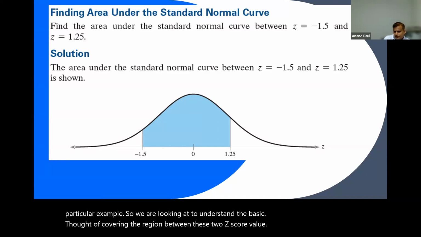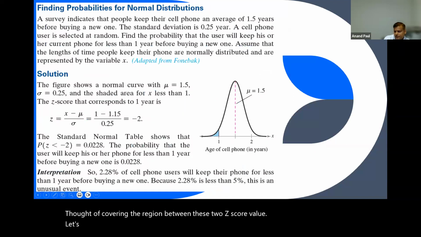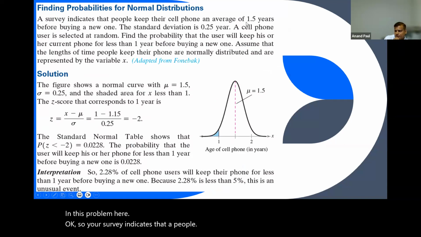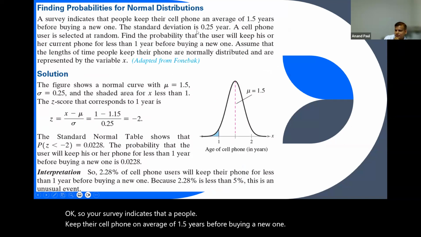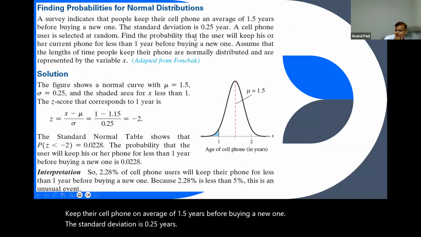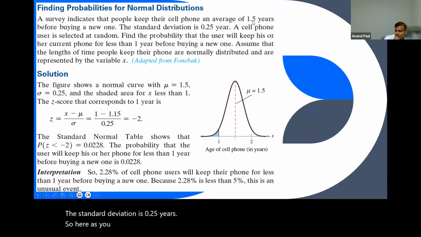Let's move on and try to apply it in this problem here. Your survey indicates that people keep their cell phone on an average of 1.5 years before buying a new one. The standard deviation is 0.25 years. So here, as you can see, the average, which is the mean, is given to you, and the standard deviation is also given to us, 0.25.